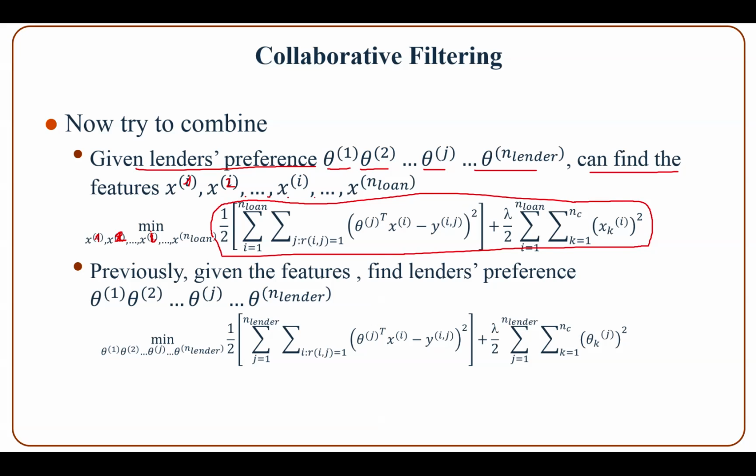And previously, given the features, we can find the lender's preference, theta 1, theta 2, theta j up to theta n lender by minimizing another objective function.